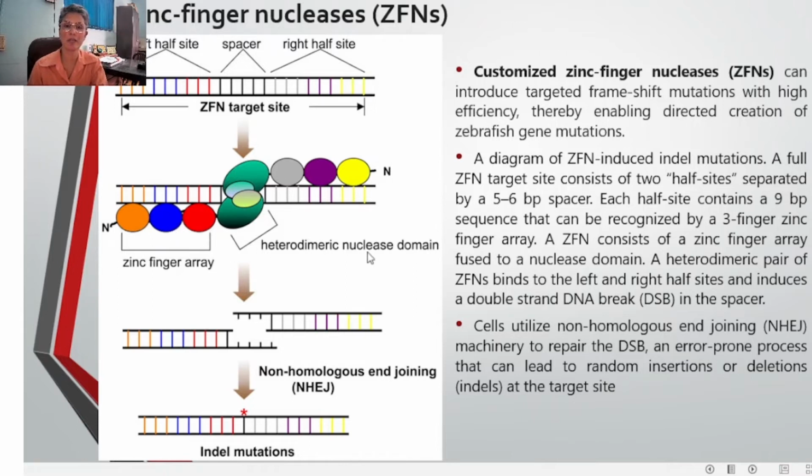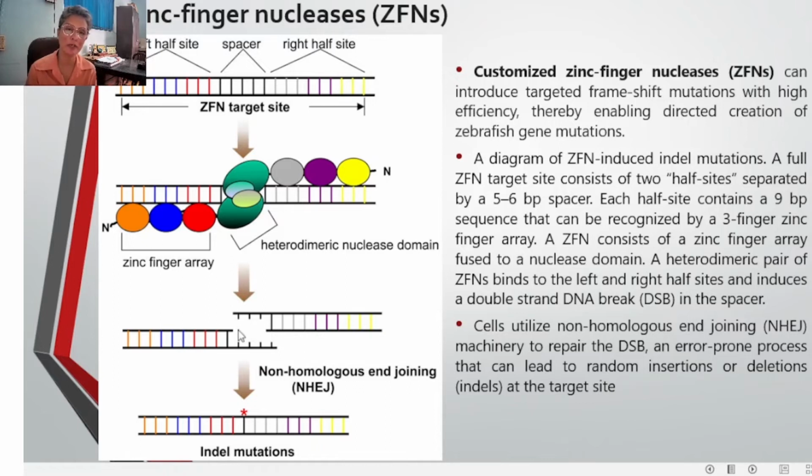This heterodimeric nuclease domain combines with the double-stranded DNA and creates the break in the spacer. Cells utilize the non-homologous end joining machinery to repair the double-strand break, an error-prone process that can lead to random insertions and deletions at the target site.